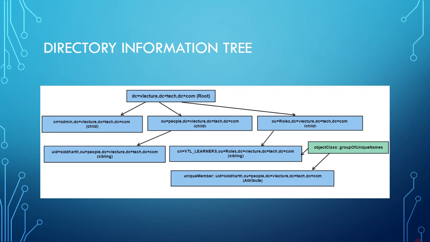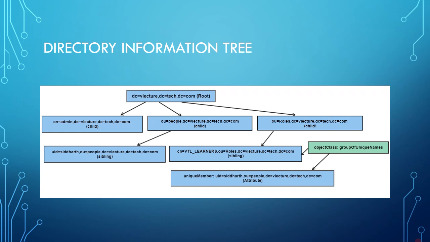Let me explain the one on the left, CN equal to admin. It is called the bind entry, and this entry is stored in the LDAP directory information tree with a password.